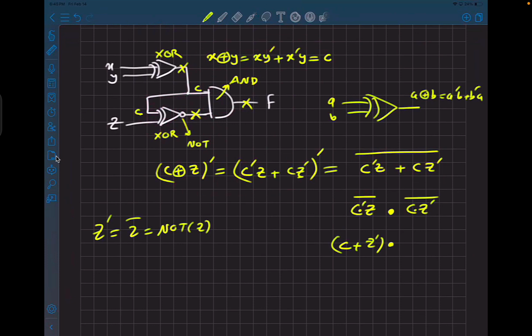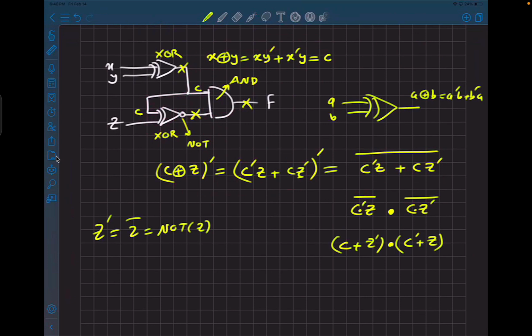Then I have AND here, and I apply De Morgan's rule again at this location. C becomes C bar or C prime, and becomes OR, and Z bar becomes Z. So this becomes the simplified version of it.